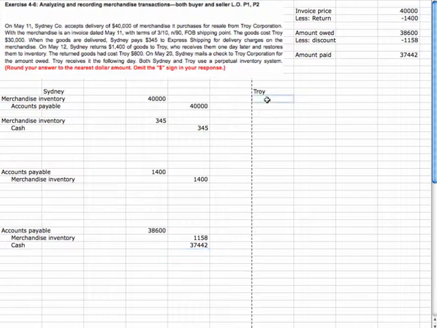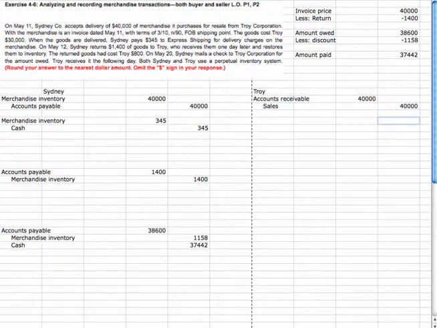Troy, on the other hand, would have to originally recognize the sale. So they would have to debit accounts receivable for the $40,000 of the original sales transaction. They would also have to recognize the sale for the $40,000.